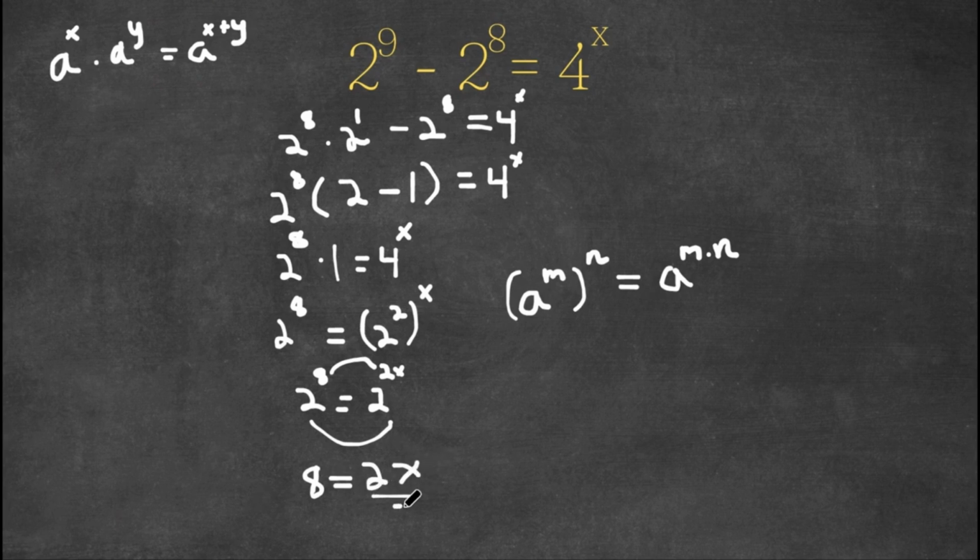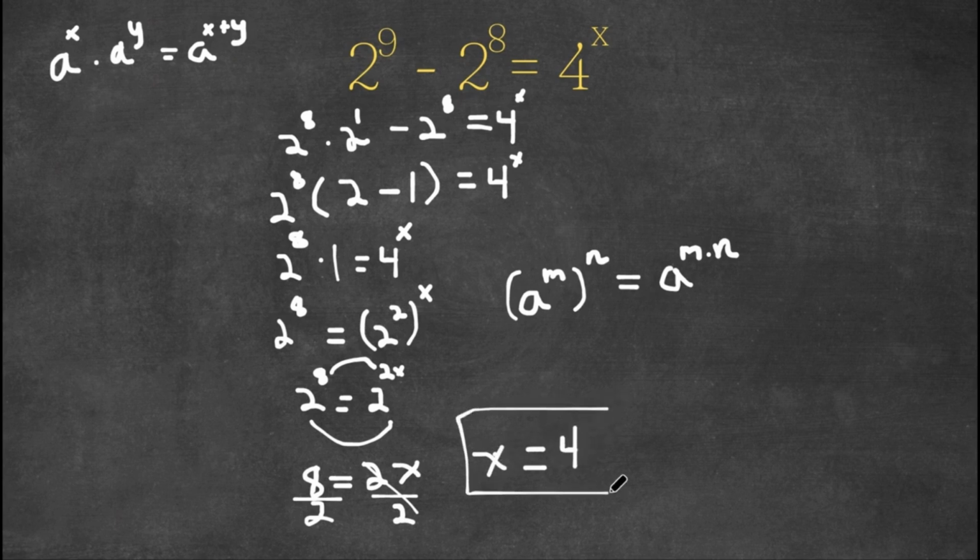So if we divide by 2 on both sides, these two cancel out, and we get 8 divided by 2 equals x, and 8 divided by 2 is 4. So x equals 4, and this is our answer.